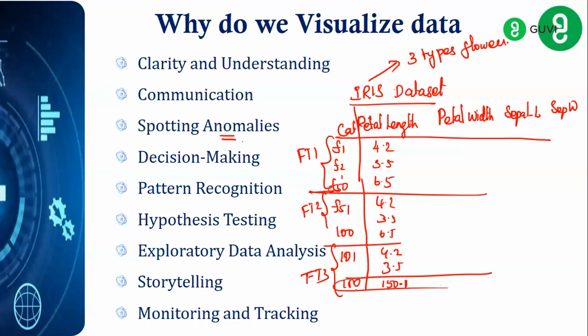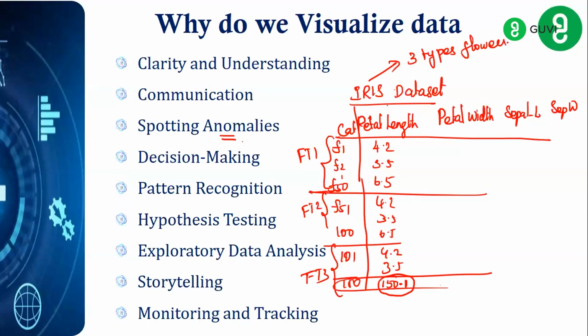Because we have only 150 instances, by opening the Excel sheet or CSV file and observing the value itself, I could say that this is an anomaly, right?